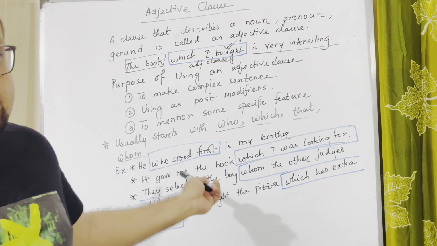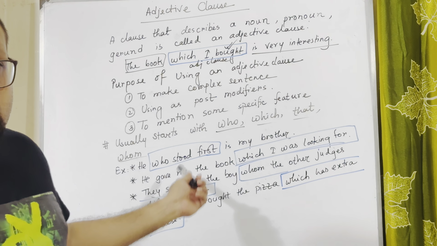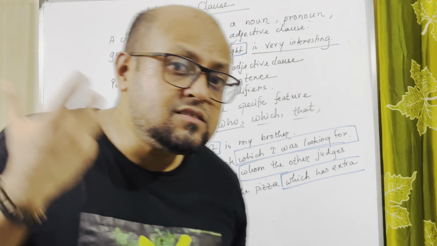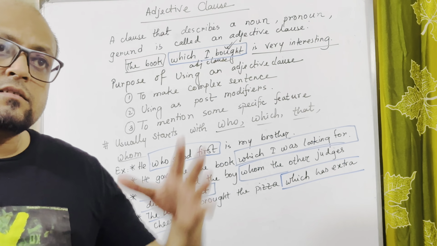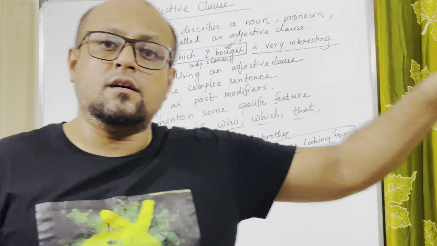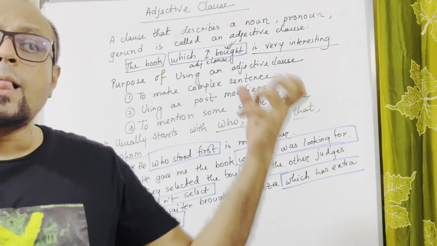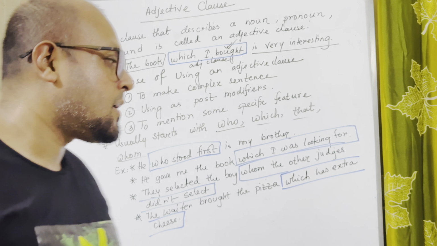If you add this adjective clause after the pronoun, he who stood first, then it is easily recognizable. There were several students in the class, and only one student stood first in the exam, and that person is my brother.